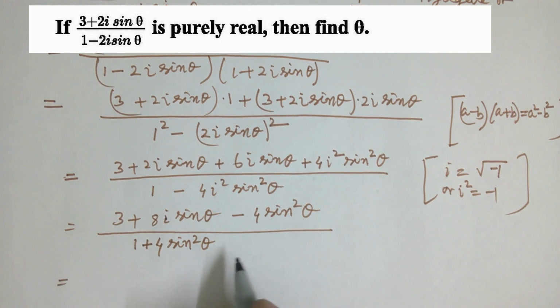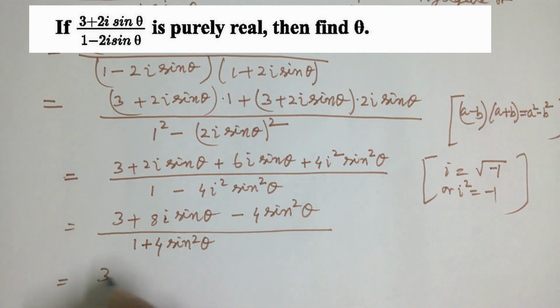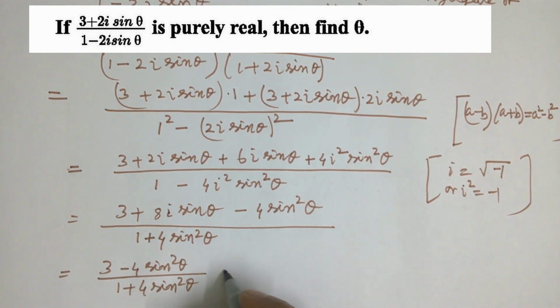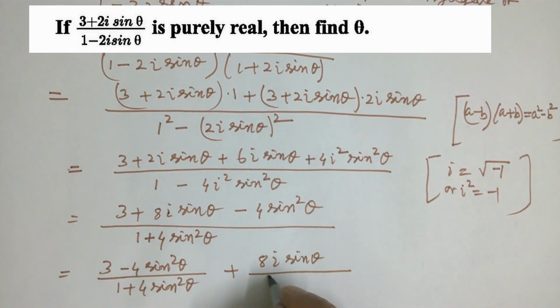So this is the real part: (3 minus 4 sin square theta) by (1 plus 4 sin square theta), plus 8i sin theta by (1 plus 4 sin square theta).